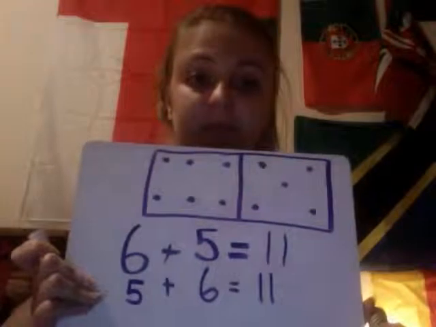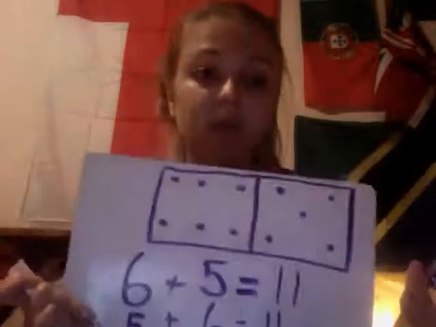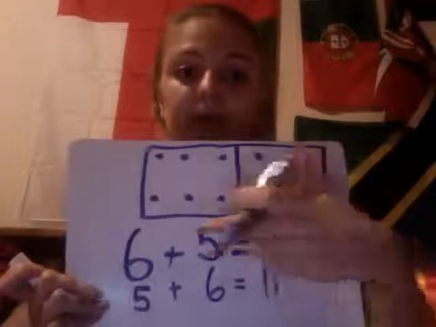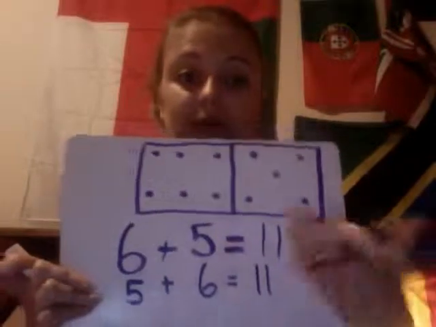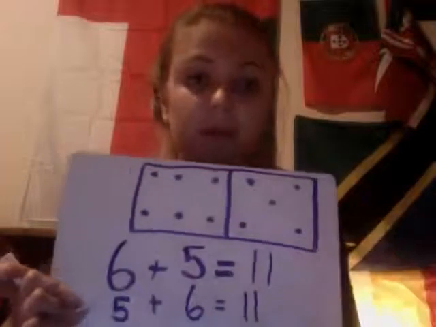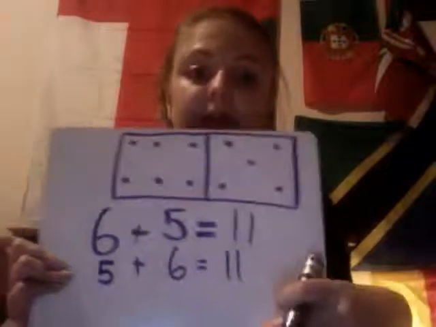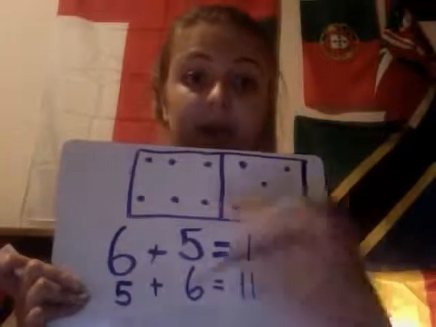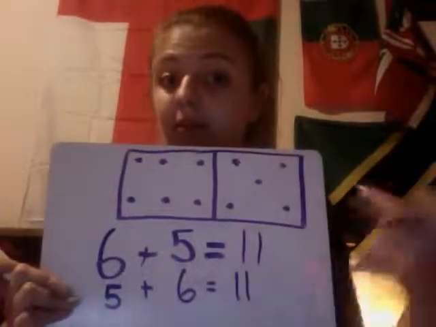Now I go on to the subtraction. Now the only numbers that I can use in a fact family are the 3 numbers each time. So in this fact family, it's 6, 5, and 11. Those are the only numbers I can use. Now for a subtraction, we always start with the biggest number. And our biggest number out of these 3 is 11.